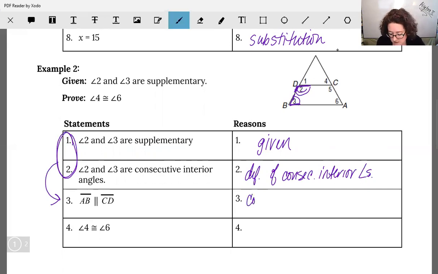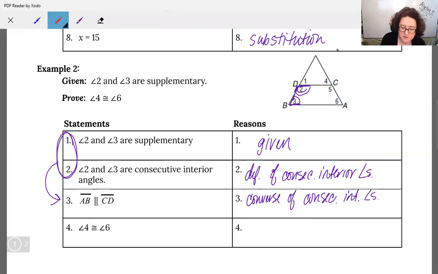So, converse of consecutive interior angles. We could write this out in length and say, if consecutive interior angles are supplementary, then the lines that intersect their transversal are parallel. But you don't have that kind of room, so just simplify, abbreviate a little bit. So now we know that lines AB and CD are parallel. Let me go ahead and mark those on my diagram.